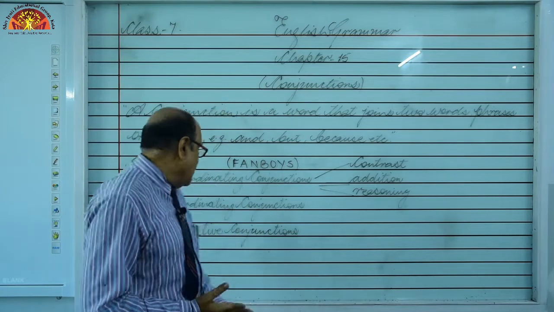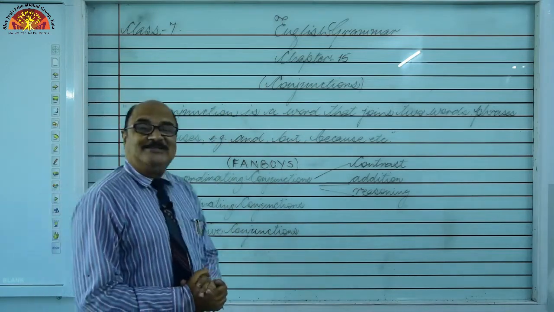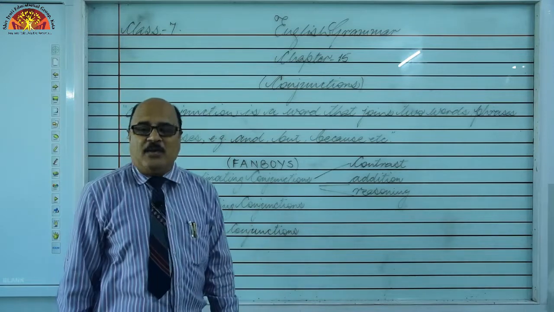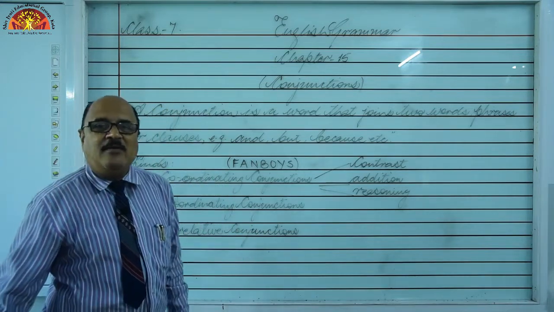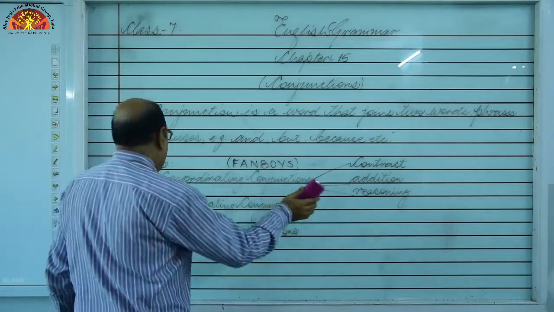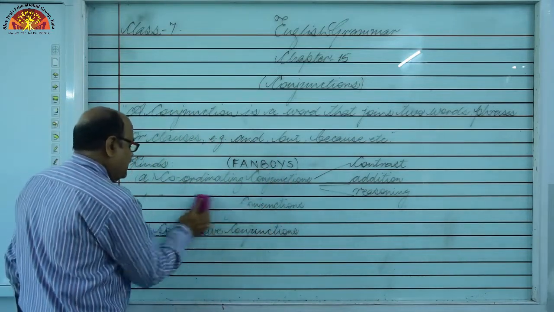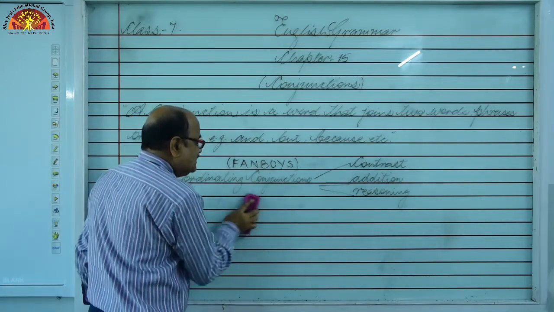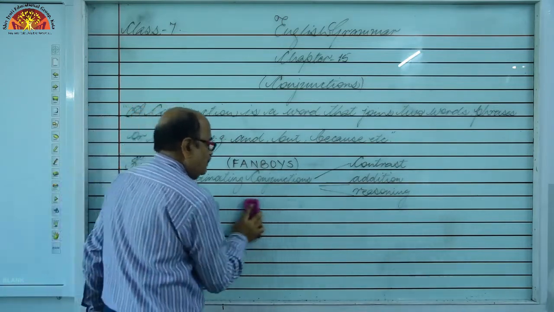So, they are known as correlative conjunctions, and we will learn all these conjunctions one by one. I hope you have got it students. So, one by one we are going to learn them, okay students, through examples. And please keep your book open.